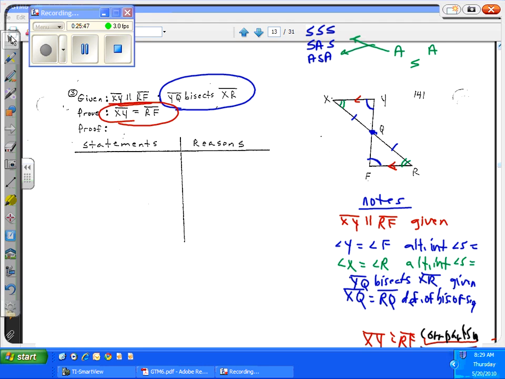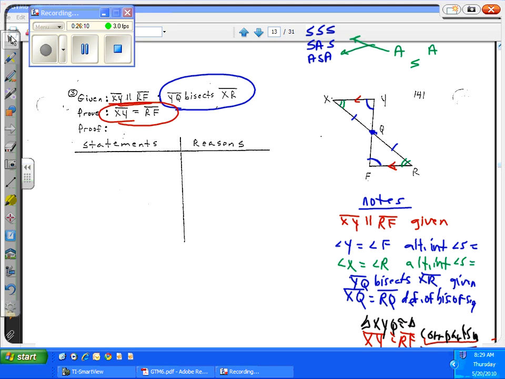But before I said that they were equal because corresponding parts of congruent triangles are equal, I would have to know what? Well, I would need a statement that said that the triangles are congruent. So I would have to say that triangle, and I'm naming them, so I can name the first one however I want, XYQ, is congruent to triangle.